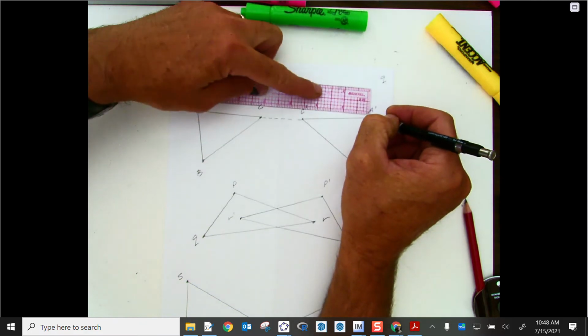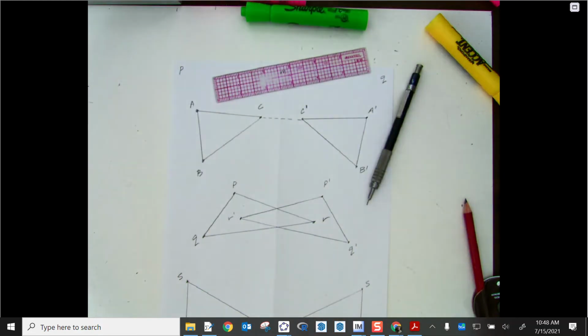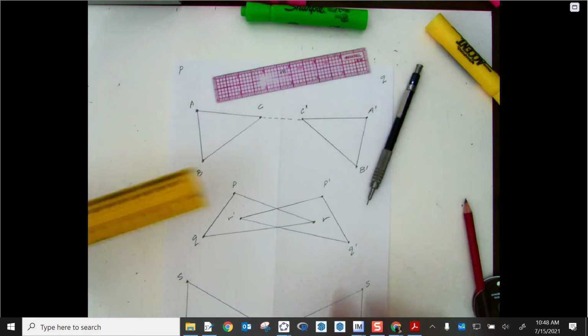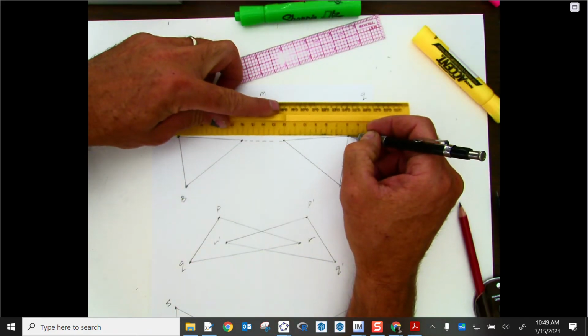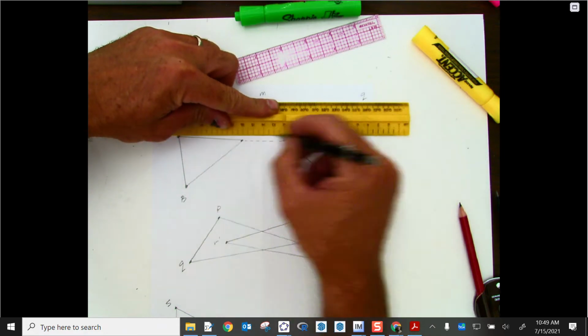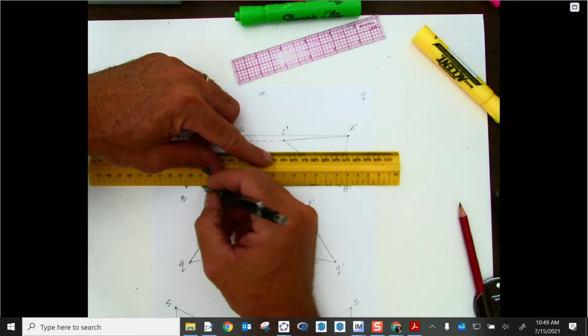A to A prime. This is going to be hard for me because I don't have a long enough ruler. Let me grab one if I have one. I think I do. Well, I don't have a ruler, but I have this. Oh, here's one. Sorry, should have had that out earlier. Bigger ruler. I guess B to B prime would be like this.